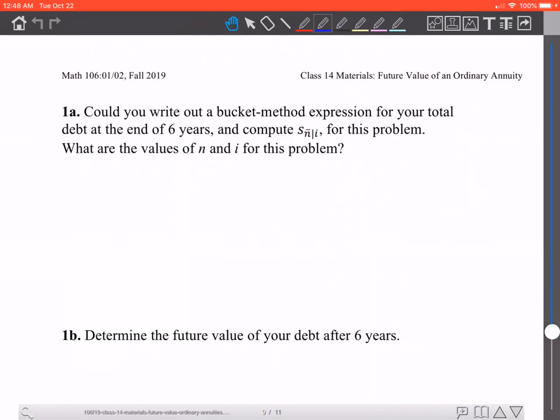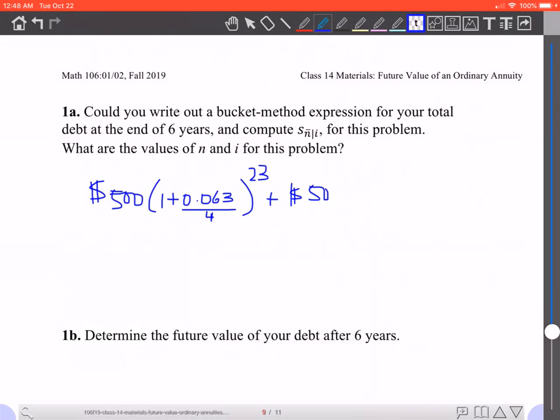Could you write out the bucket method expression? Well, you don't have to write out the whole thing, but again, it would be $500 payments, 24 quarters, but remember that the very first quarter, you do not collect any interest, so the exponent for the first would be 23. We said there were 24 total quarters, but it would be 23 at .063 quarterly, then 22 quarters, and so on and so forth.